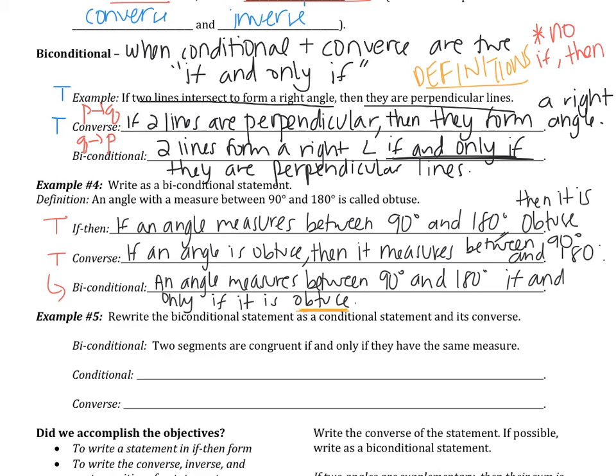Okay, let's see how we did. Two segments are congruent if and only if they have the same measure. The conditional, the if-then form, is going to be if two segments are congruent, then they have the same measure.